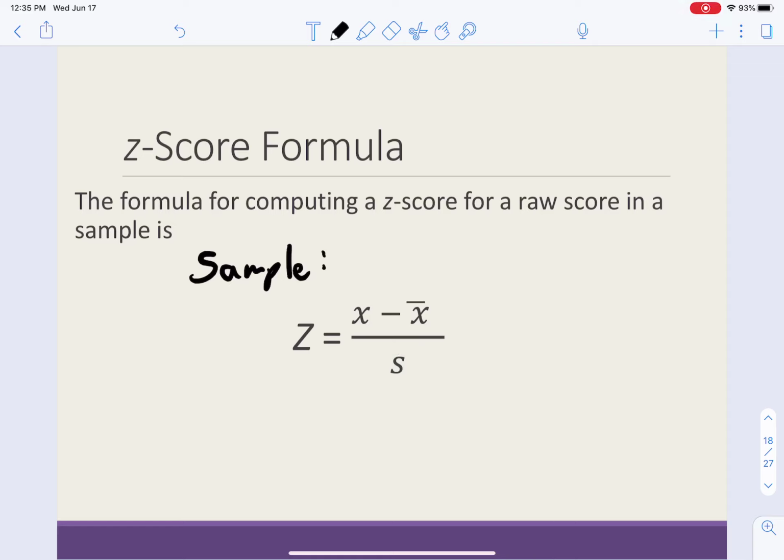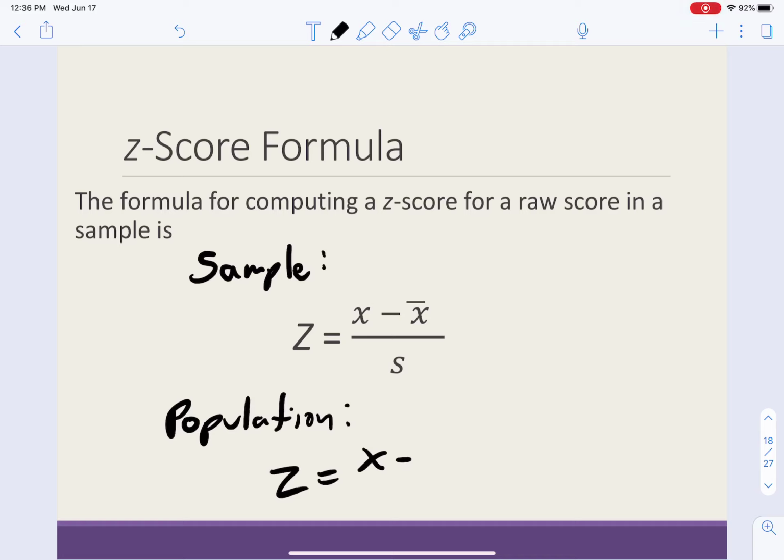These aren't my slides, so I do apologize for this. But the formula for the population is the same thing, just different symbols. So it's still z, and it's still x. So that just represents what our score was, whatever we're measuring.